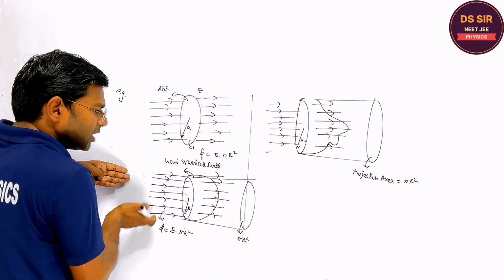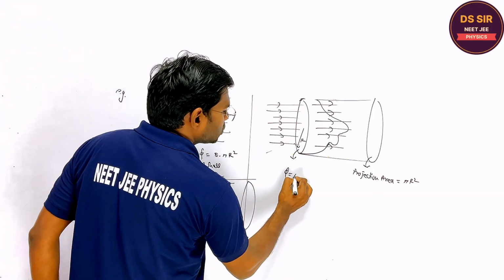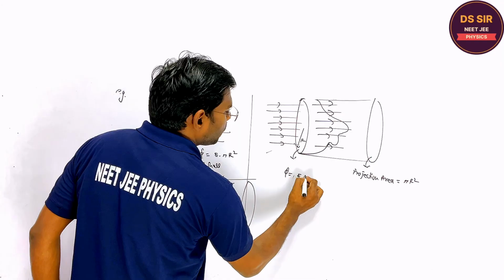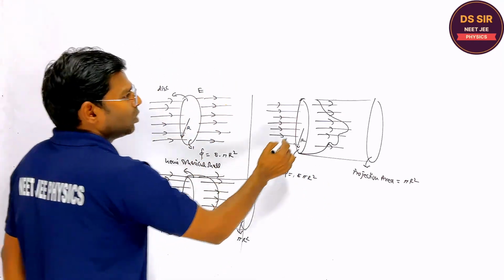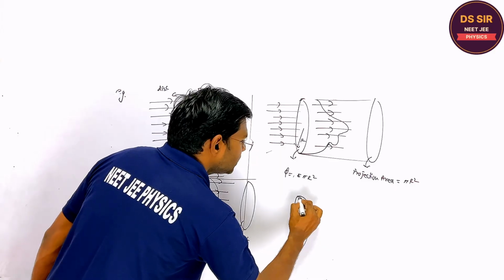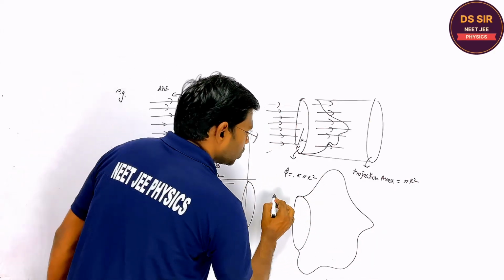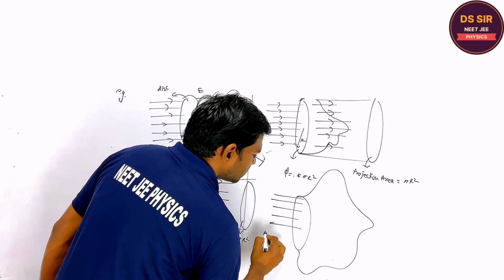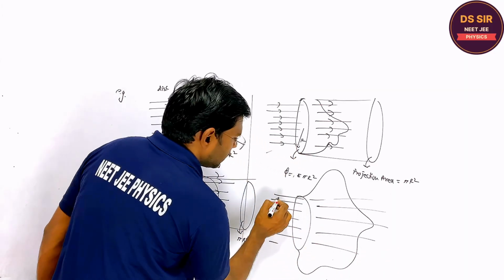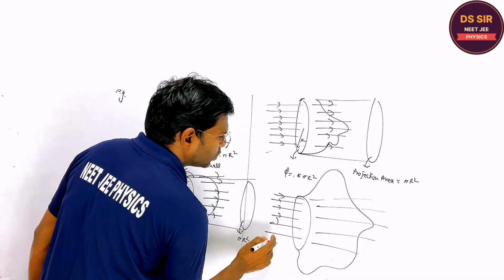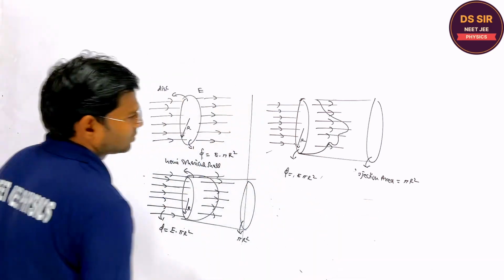So the projection area multiplied by the electric field, the flux here will also be equal to E into pi r square, whether it is the disk, the hemisphere, or any type. So the flux linked with this surface will again be pi r square into E. Is it clear or not, you tell? Right? This is the thing. Copy this.